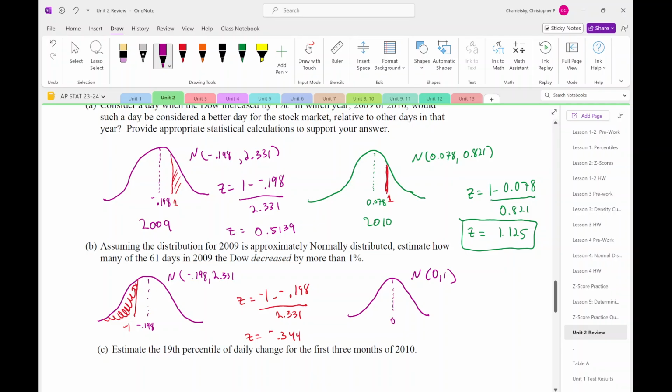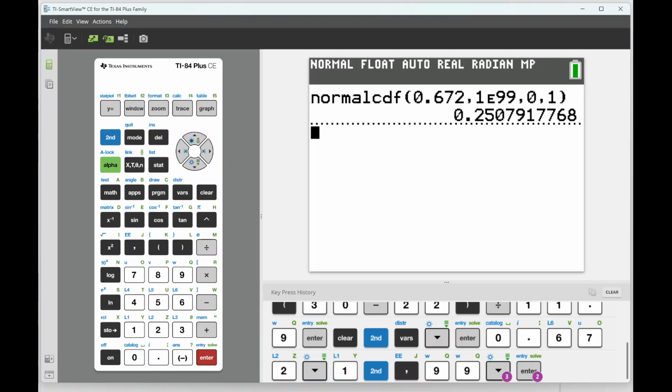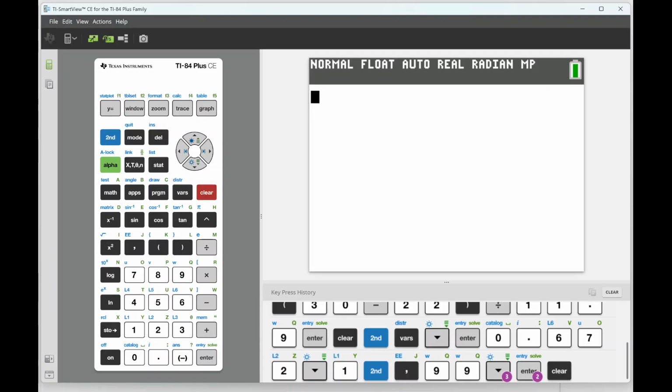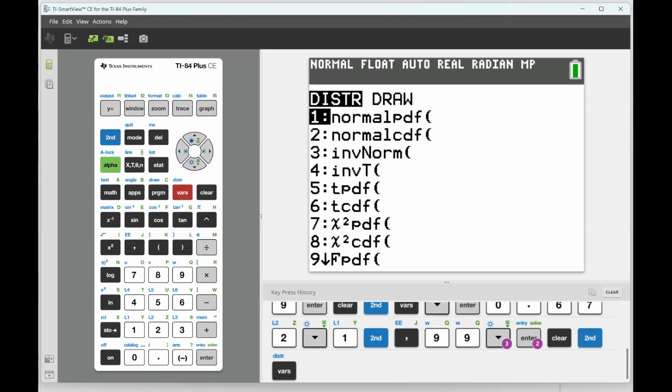So at 0, our z-score, same spot, 0.344. And we can look this up on our calculator or in our table. So if we're looking at it in our calculator, we would go second vars, normal CDF.